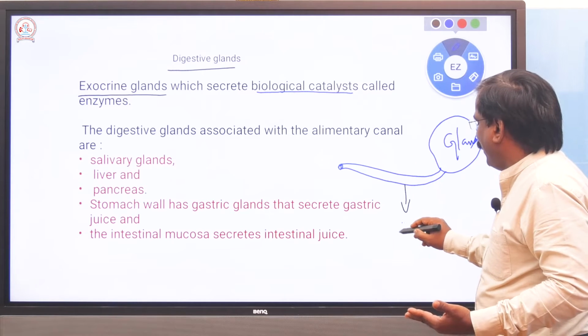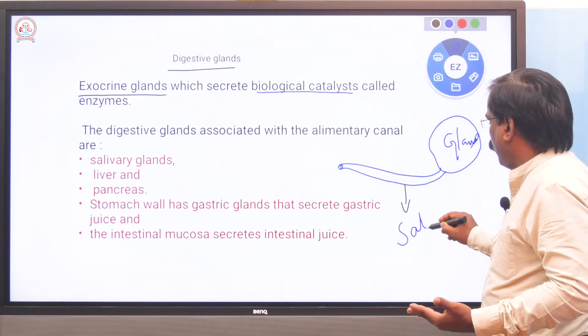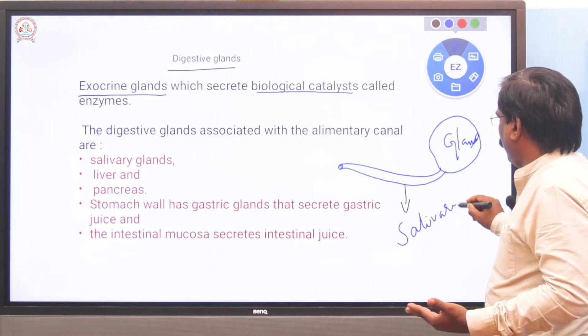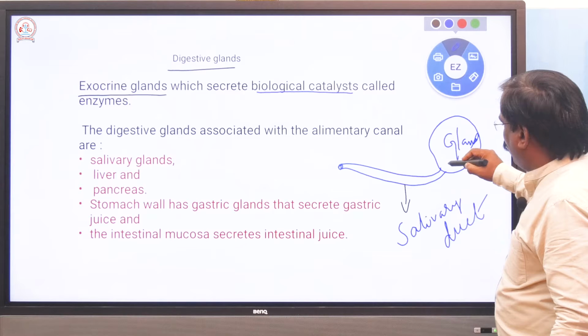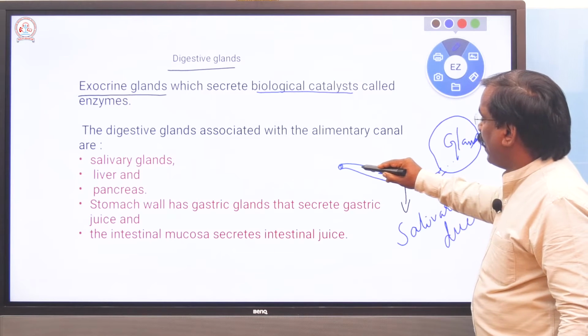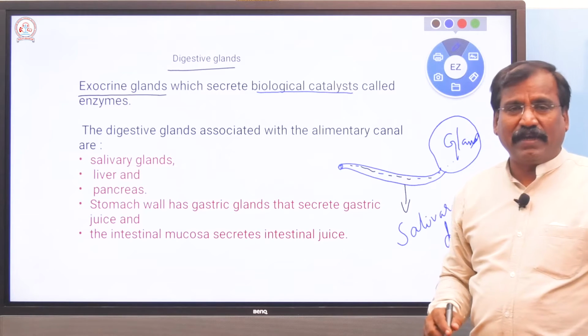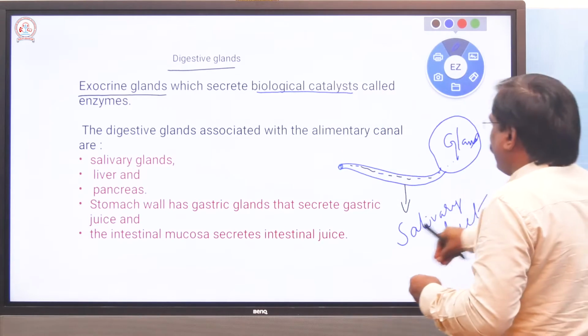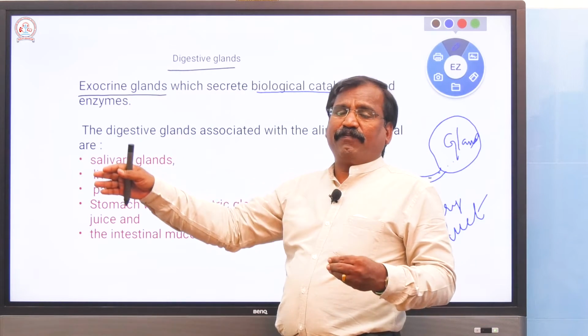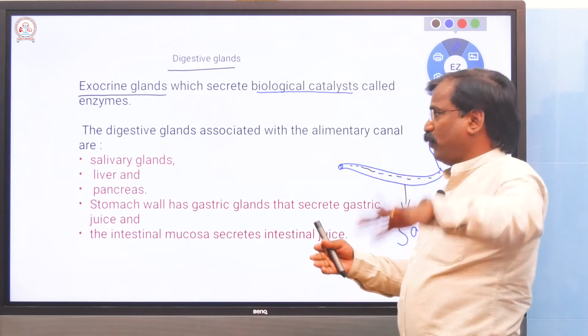This is called the salivary duct. Duct means tube. So the salivary duct carries the secretion, and the saliva is carried to the target organ. If there is a duct, it is called exocrine. If no duct, endocrine. That's all.